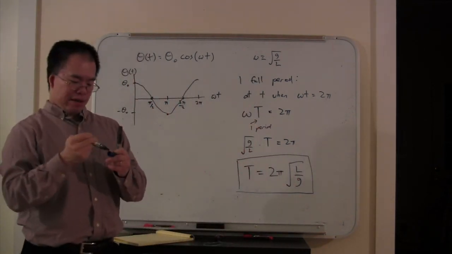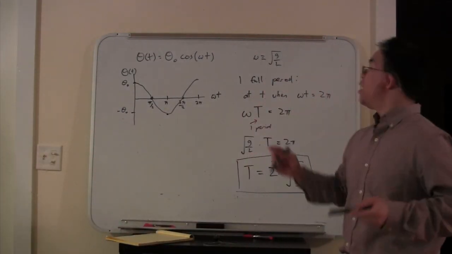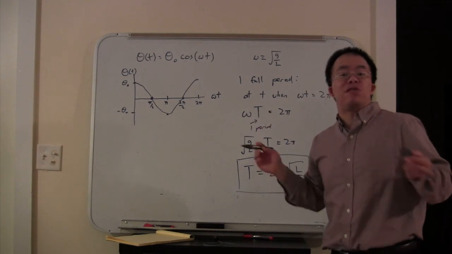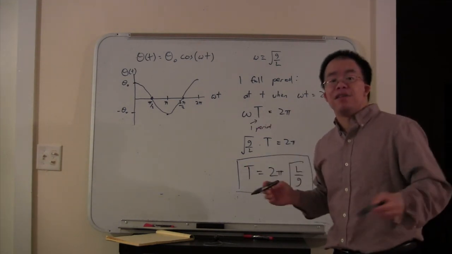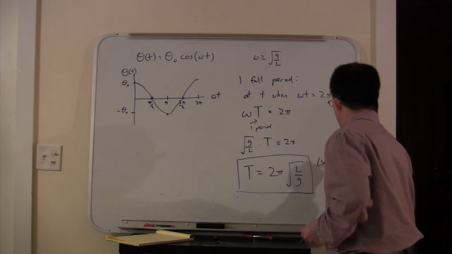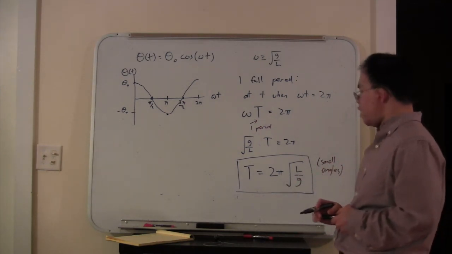Now remember that this is only valid for small angles, because this solution to the simplified differential equation is only valid when theta is small. This is a small angle solution.